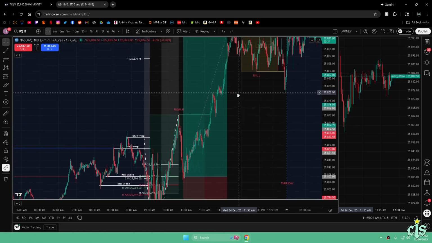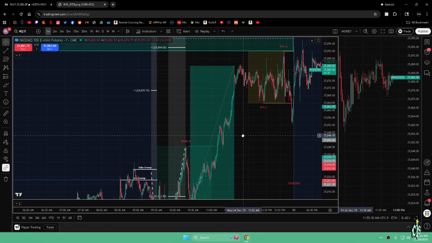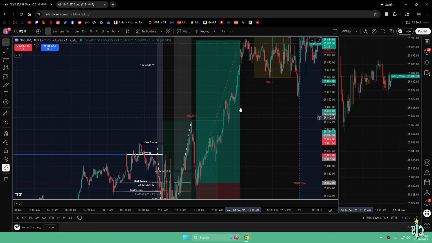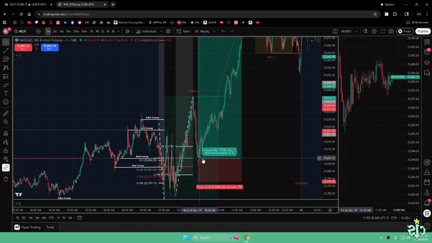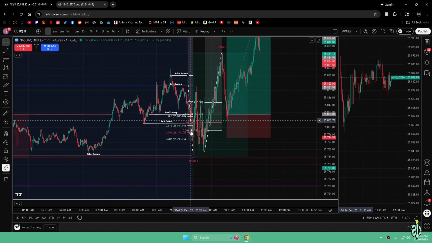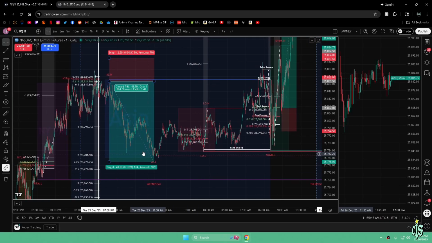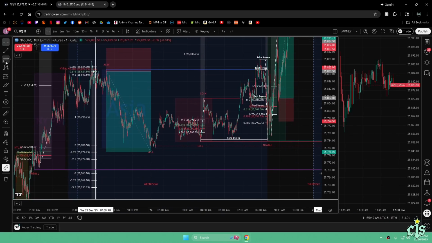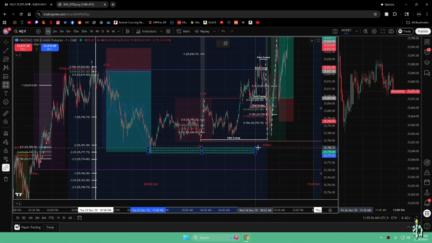New York continuation, right? So when you're in this profile, instead of aiming for range imbalances or a pullback, because we already have our pullback right here, and we took both buy and sell sides basically, there's no reason for us to go any lower because of this order block that was made with this wick.